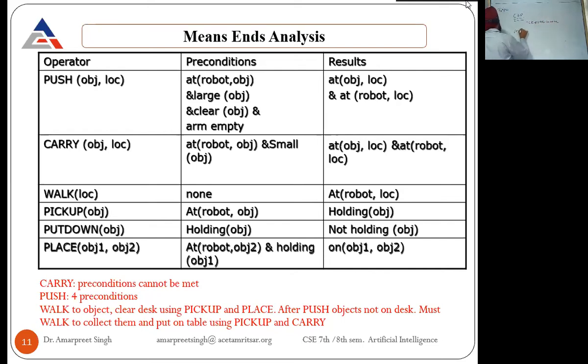And the second topic was MEA, that is means-ends analysis. We gave one live example of moving from one city to another city, and another example was the robot moving, pushing, or carrying two objects from one room to another room, room 1 to room 2.